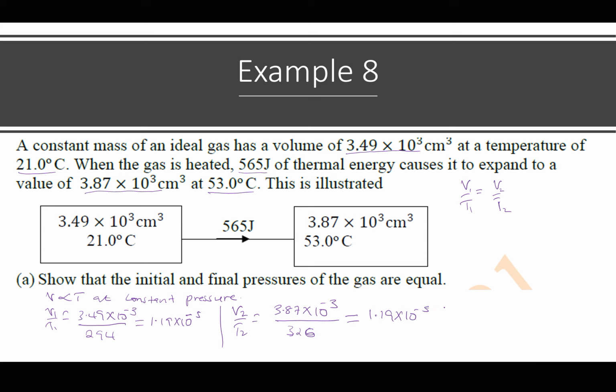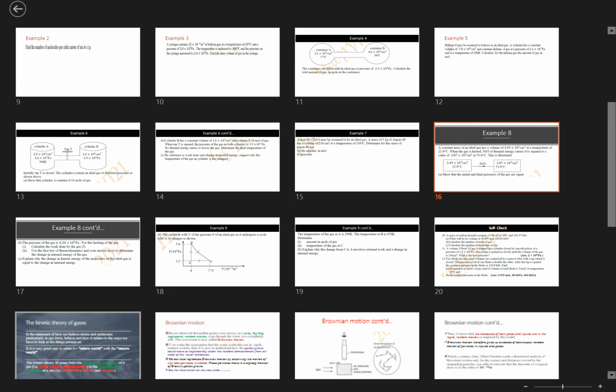So if V over T is the same, then it means it is a constant. Then the pressure is constant.